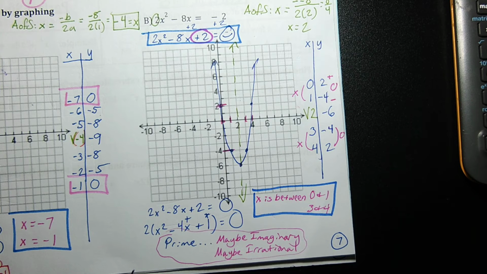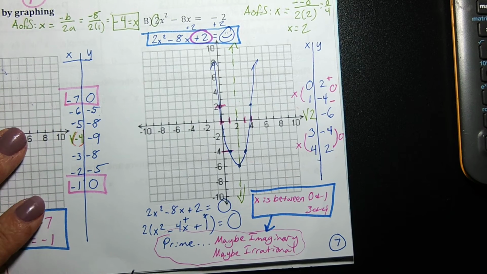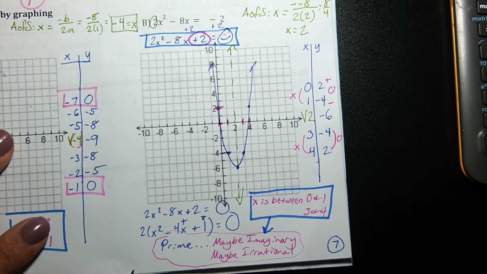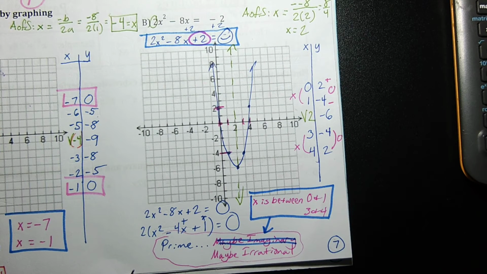So because of this, which of these maybes can we get rid of? It's not going to be imaginary, because remember, those imaginary ones we can't see at all. So this verifies the combo of these two, that my solutions would need to be irrational. Yeah?